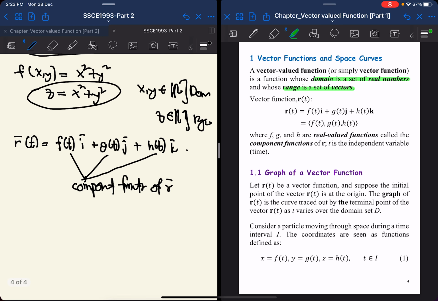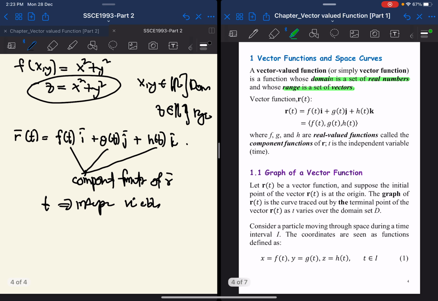Here t is the independent variable, so the domain that we get is actually the values of t.